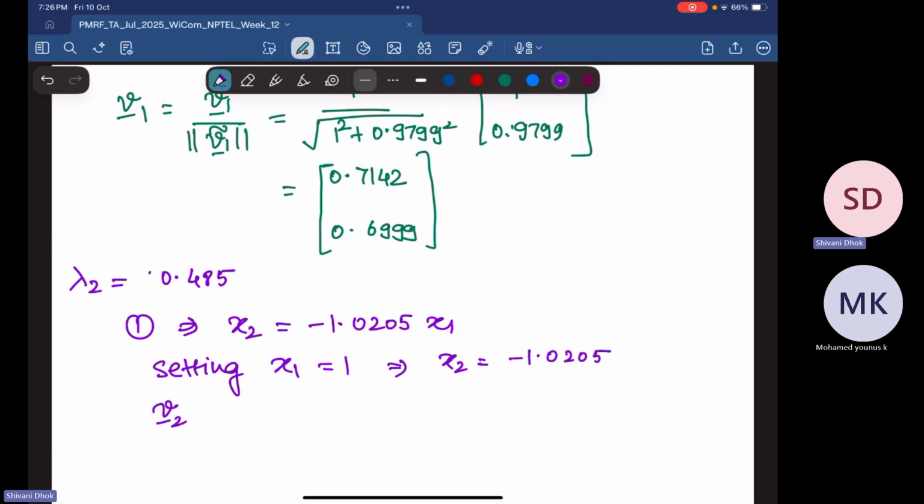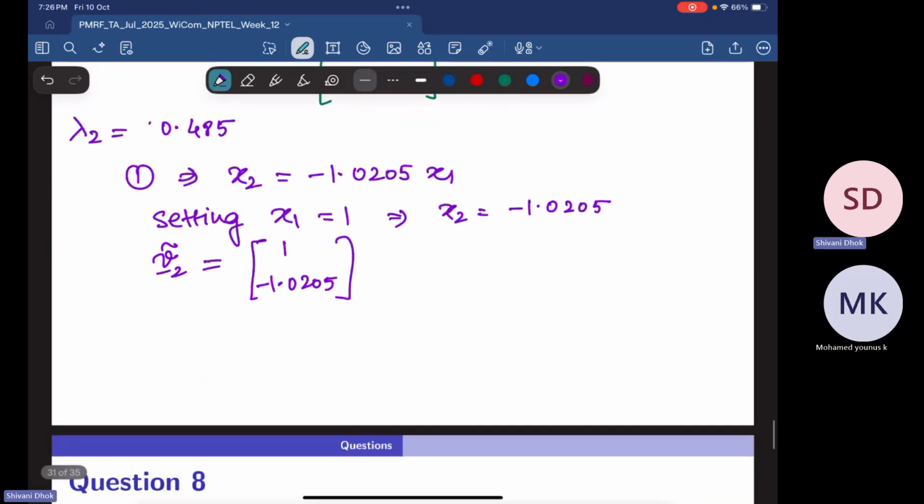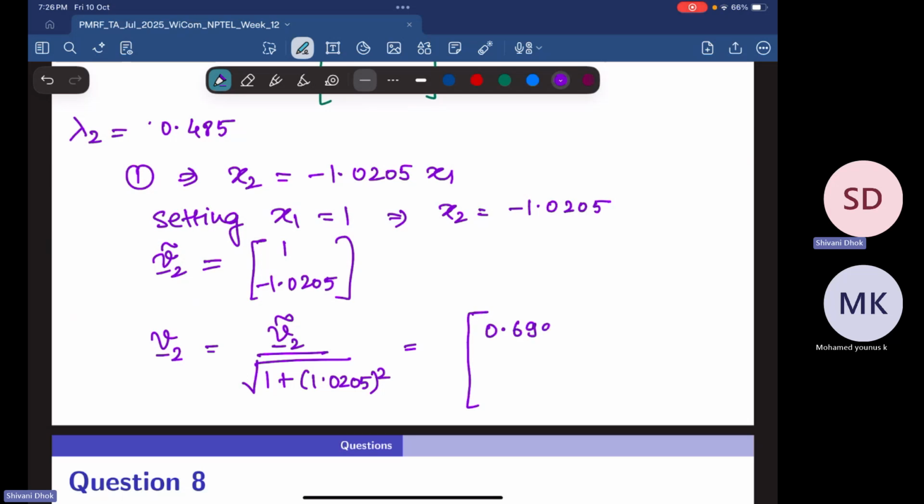So I'll have my V2 tilde equal to 1 and minus 1.0205, and so V2 is nothing but V2 tilde upon norm of this, that is under root of 1 plus 1.0205 square, and this comes out to be equal to 0.6999 and minus 0.7142.